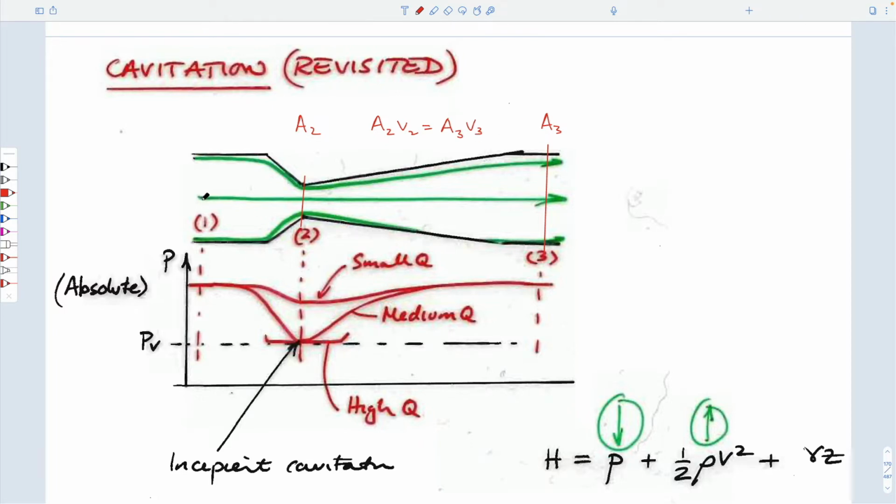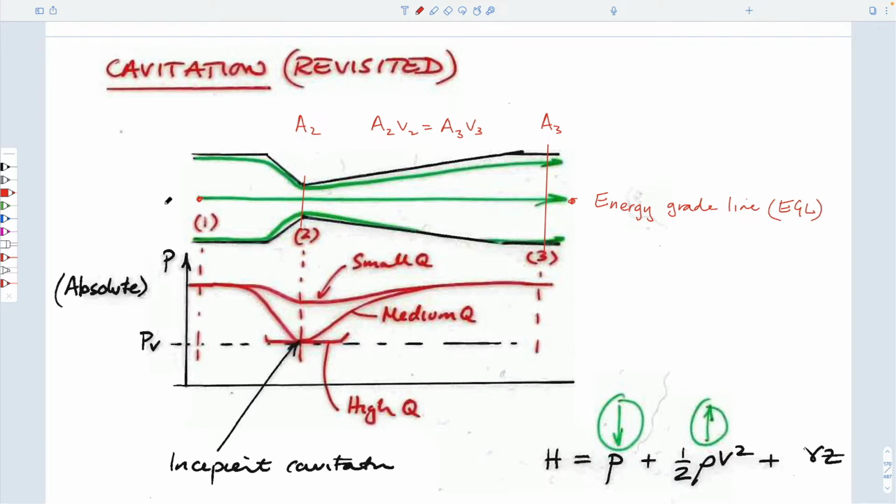We know that from upstream to downstream, I said that our energy grade line, energy is constant. This is constant.